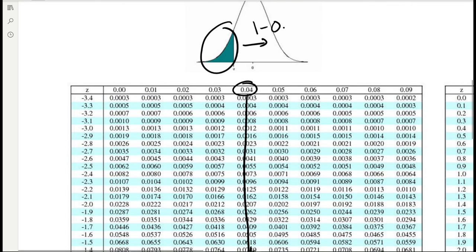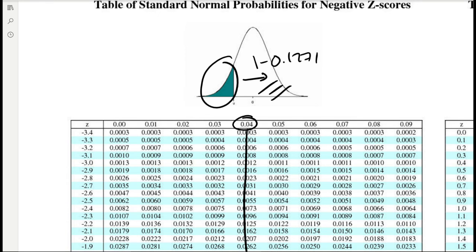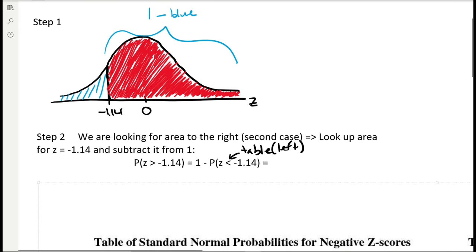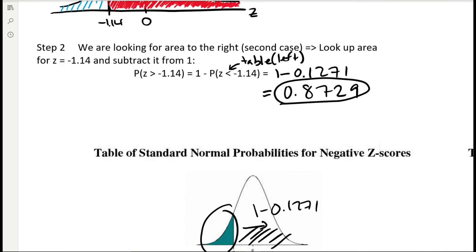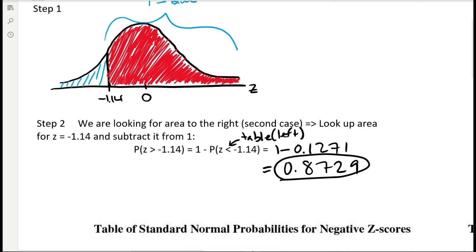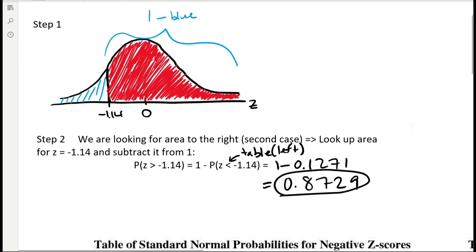So 1 minus 0.1271, and that will give us the area to the right. So we're going to do that over here. We have 1 minus 0.1271, which is going to be 0.8729. Which, according to this graph, makes sense. We seem to have at least 80% of the curve or more actually shaded. So this makes sense.